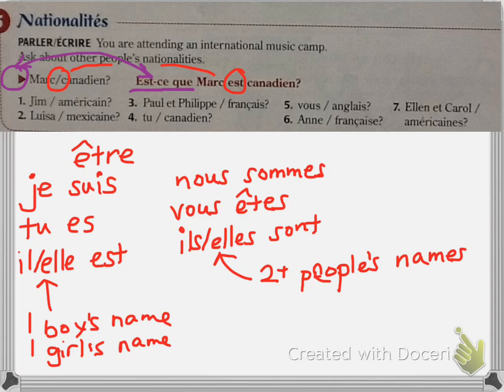Est-ce que vous êtes anglais? Numéro 6. Est-ce qu'Anne est française? That would be the QU apostrophe because Anne's name starts with a vowel. Et numéro 7. Est-ce qu'Hélène et Carol sont américaines? Again, it would be QU apostrophe because Hélène's name starts with a vowel.